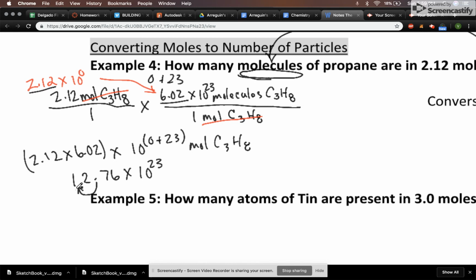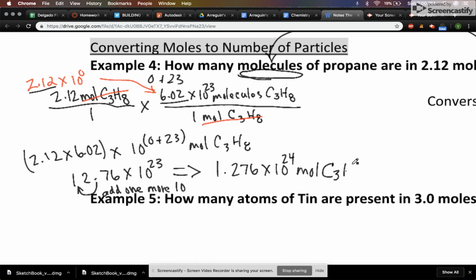We move the decimal place 1 more, which means we have to add 1 more to the exponent. So this turns into 1.276 times 10 to the 24th power, and this is still mole of propane, C3H8.